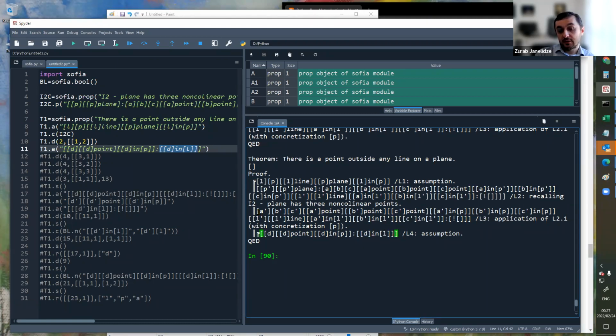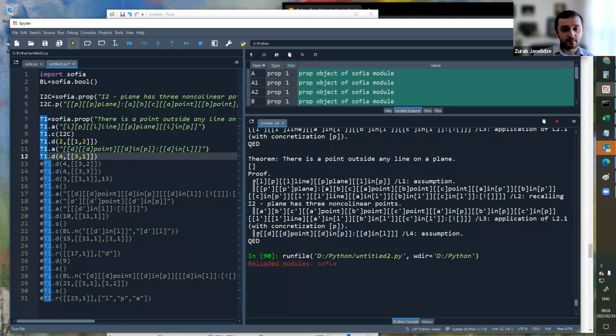In the previous line, we already have 3 points that we certainly know are points, and that they lie on P. You see, we have A prime lying on P, B prime, and C prime also lying on P. If we assume that every point lying on P must lie on L, then these 3 points will also lie on L. So we can apply this line 4, in the case when D is concretized to A prime.